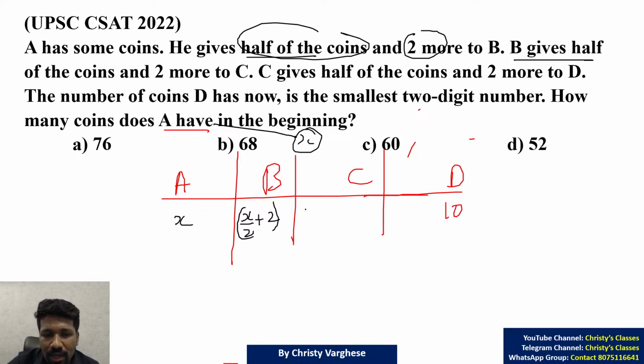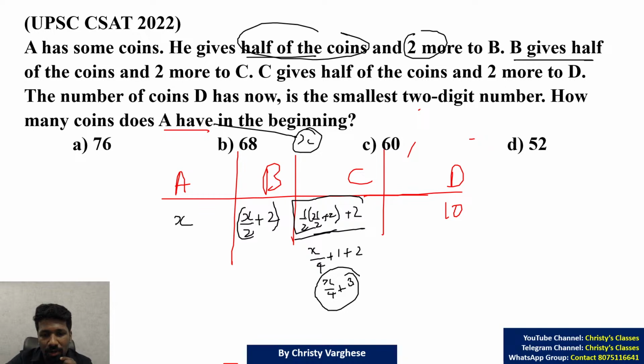Half of this means half into x by 2 plus 2, plus 2. So if you open up the brackets, that is x by 4 plus, this is why I told you, if you are good in math, these steps can be bypassed. You don't have to write this step, you can directly write this step. Otherwise, writing all these steps is very time consuming. So you decide whether you can bypass those steps. So x by 4 plus 3.